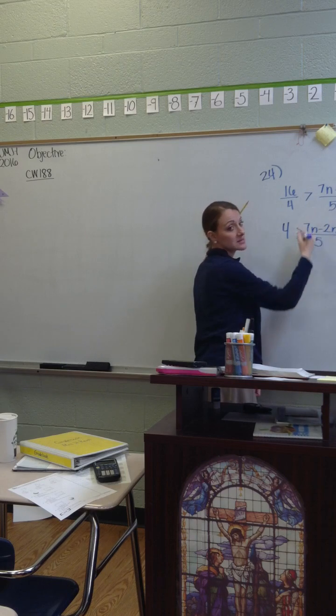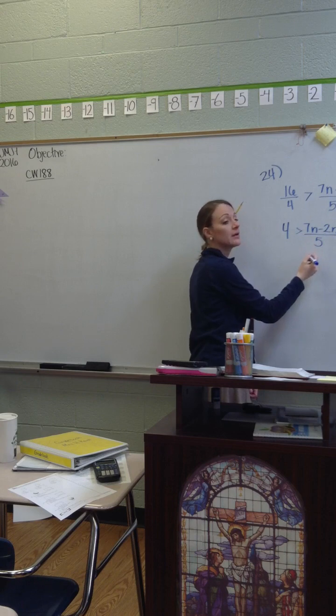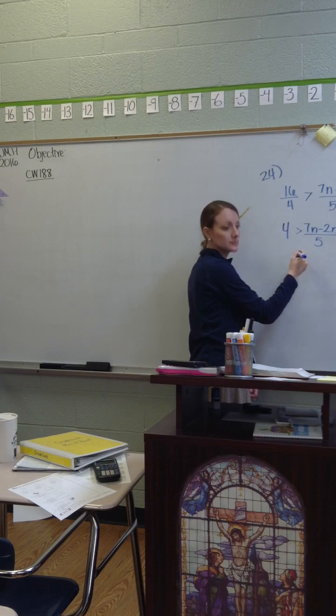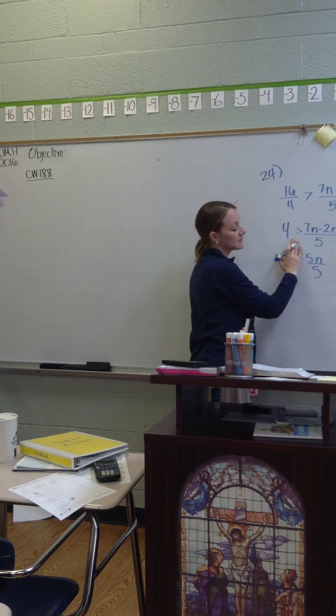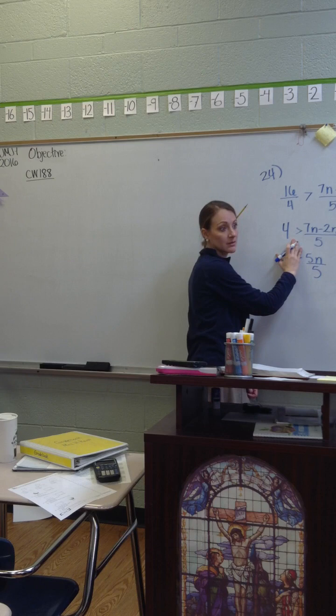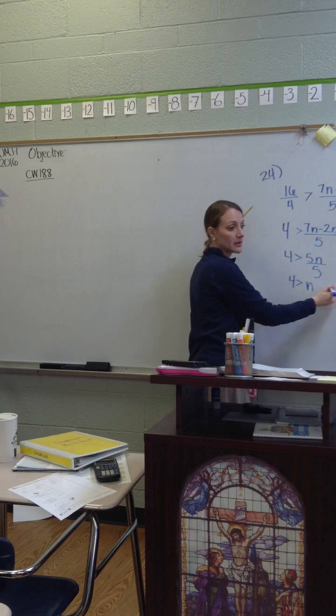Can I simplify this right side? Yes. What does it simplify to, Kara? You would put 7n minus 2n, which would be 5n. So I have 4 is greater than 5n over 5. Can I simplify 5n over 5? Yes. So I have 4 is greater than n. Is this how I want it written?